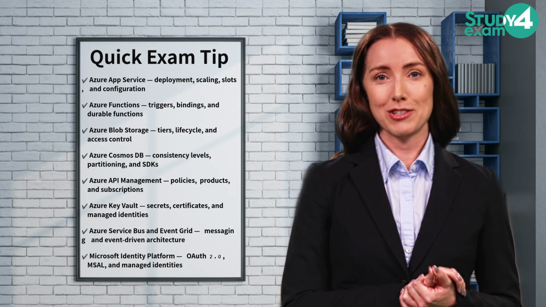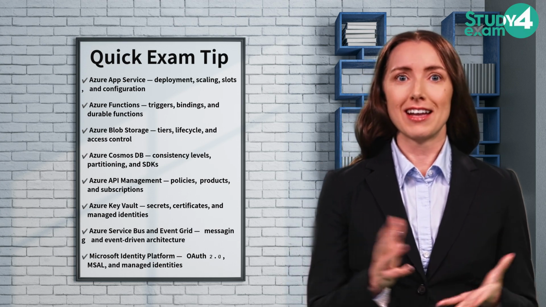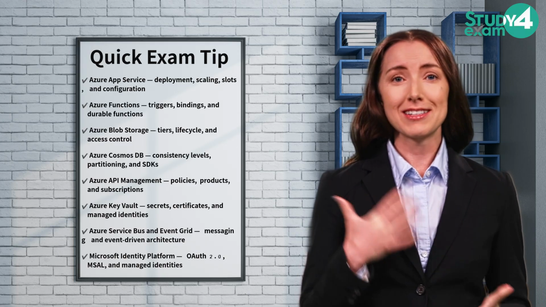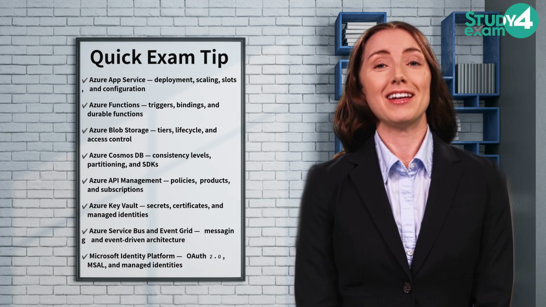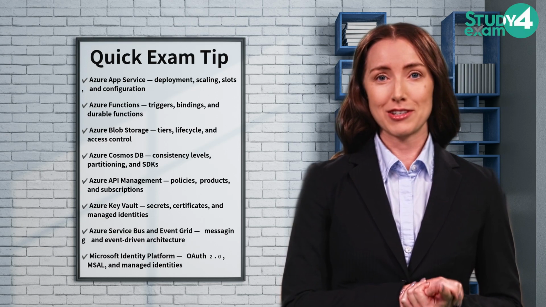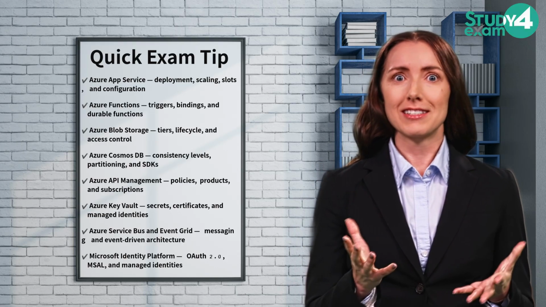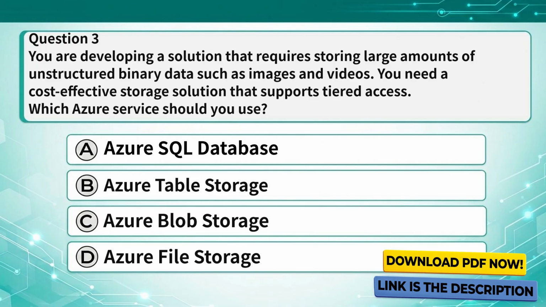Azure Cosmos DB: consistency levels, partitioning, and SDKs. Azure API Management: policies, products, and subscriptions. Azure Key Vault: secrets, certificates, and managed identities. Azure Service Bus and Event Grid: messaging and event-driven architecture. Microsoft Identity Platform: OAuth 2.0, MSAL, and managed identities.